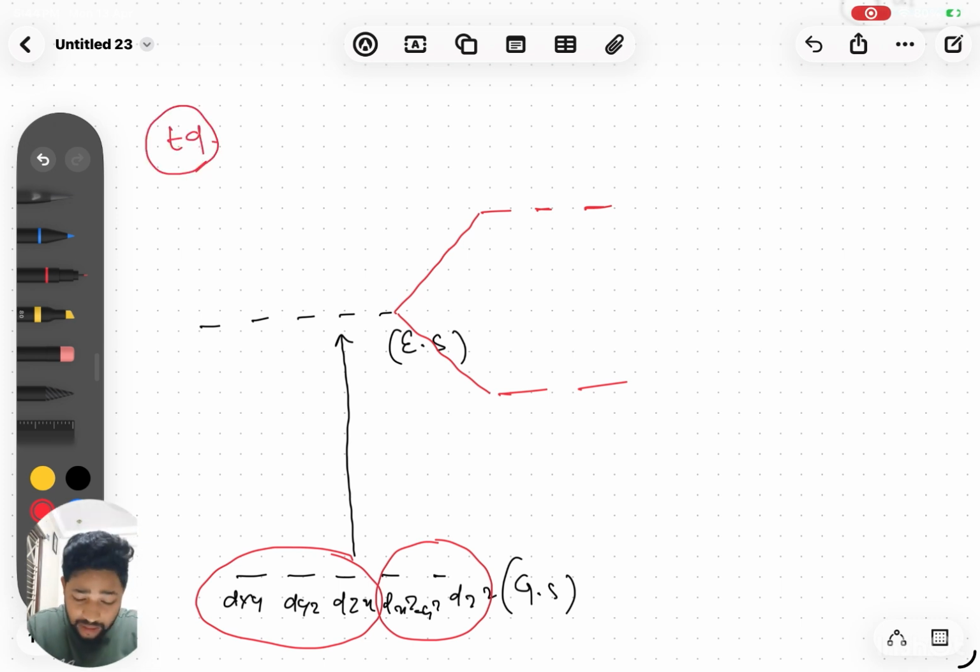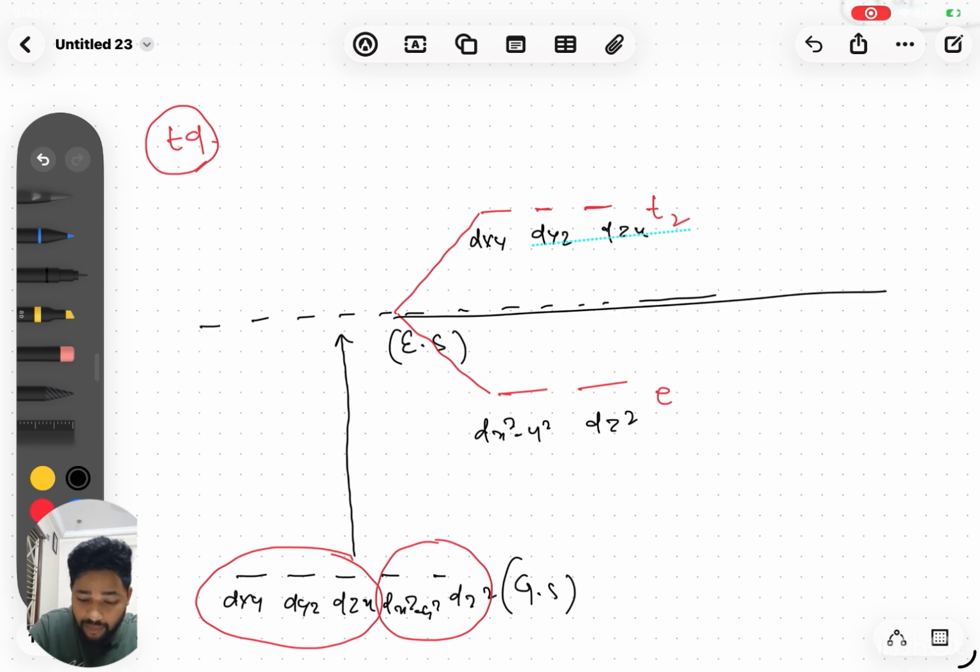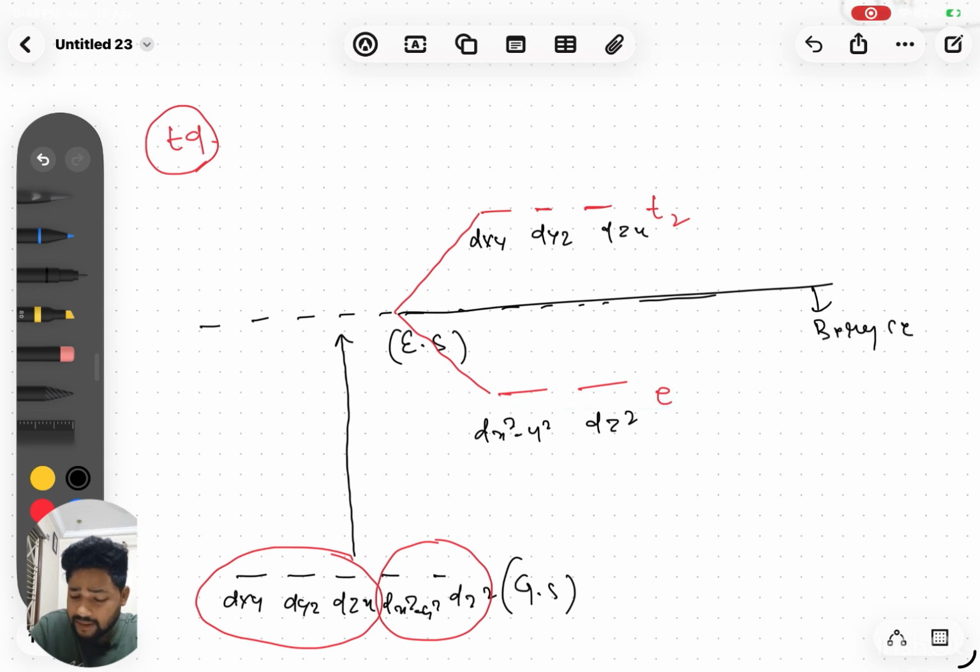The two-orbital set is known as E, and the three-orbital set is known as T2. I'm writing here: this is dxy, dyz, and dzx; this is dx square minus y square, and this is dz square. This center is known as the barycenter energy.